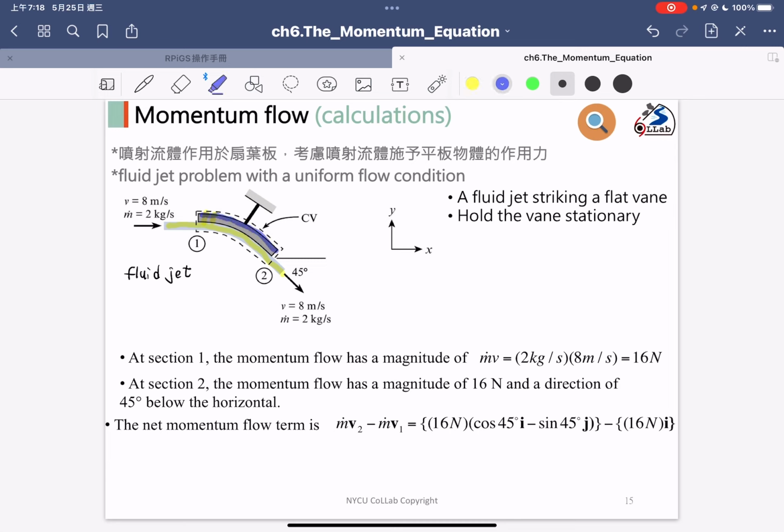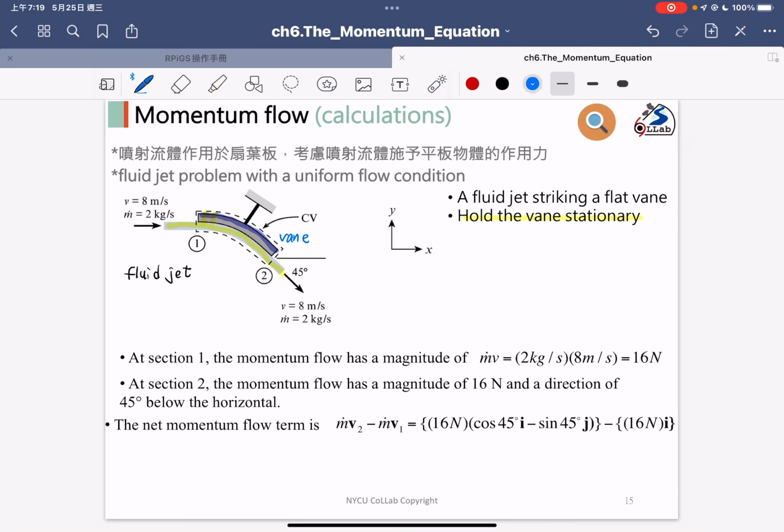The blue line is the fan. So what is our problem? Our problem is how large a force is required to hold the fan stationary.